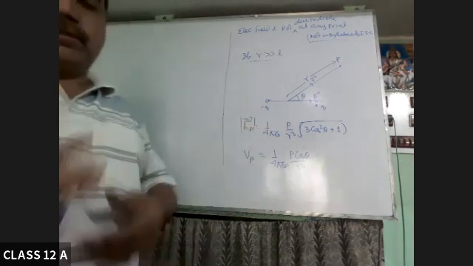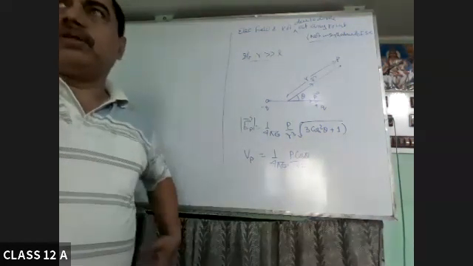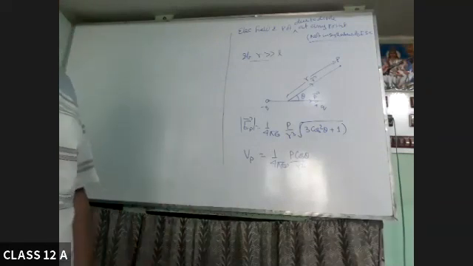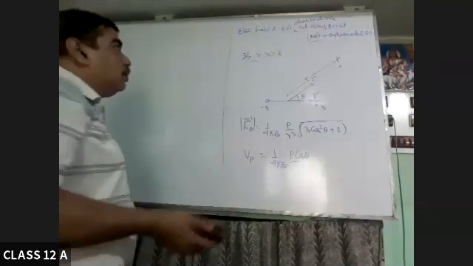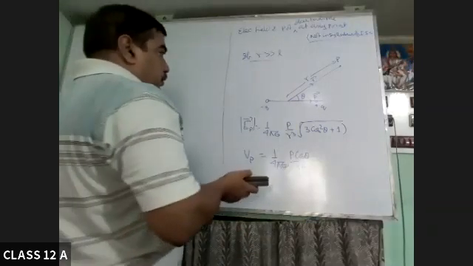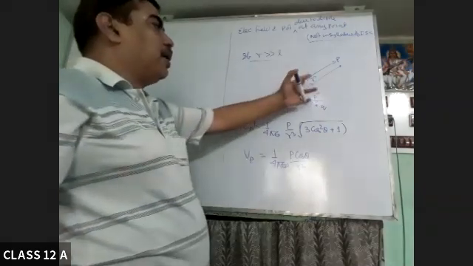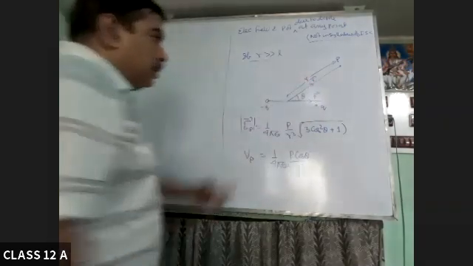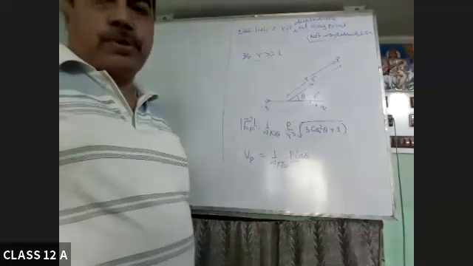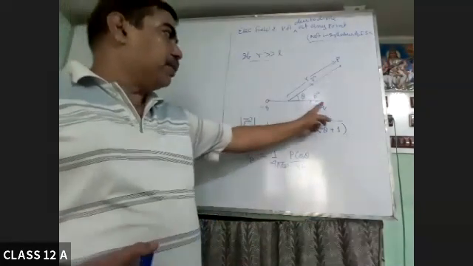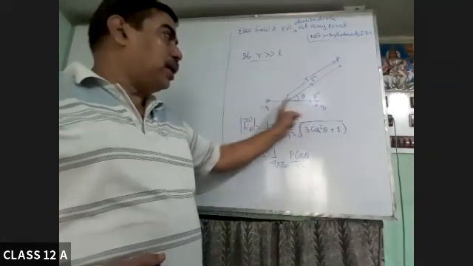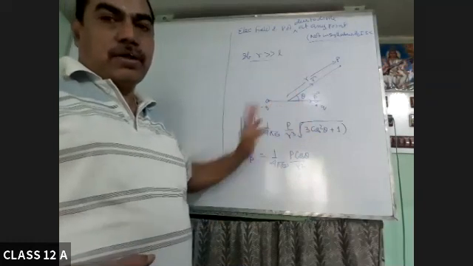If you want, you can learn the formula for solving numericals. In that case, R will be given and theta will be given. This theta is the angle between the dipole moment and the position vector. Suppose minus q is on this side and plus q on this side, then this angle is theta according to this.